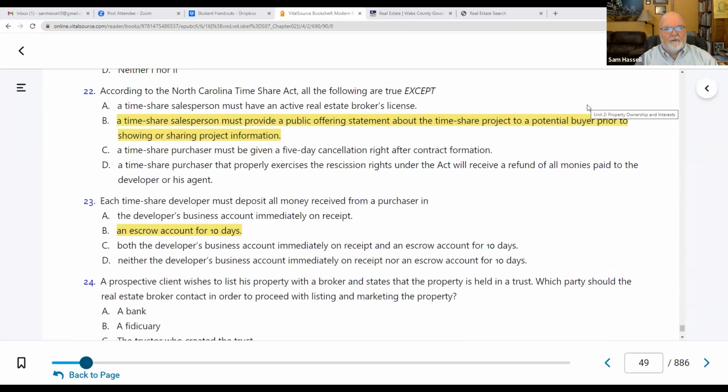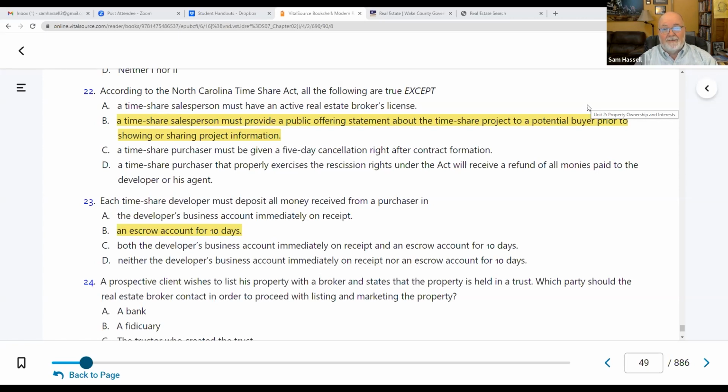All right. Number 22. According to the North Carolina Timeshare Act, all of the following are true except B. A timeshare person must provide a public offering statement about the timeshare project to a potential buyer prior to showing or sharing project information. No, that's not true. What is it prior to?